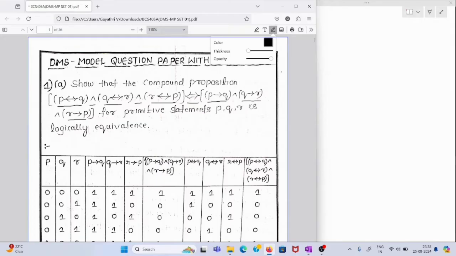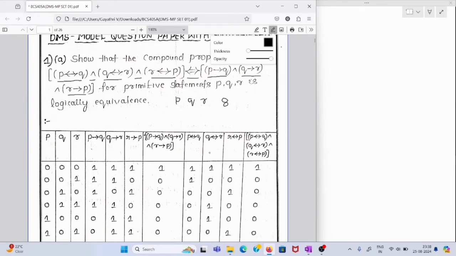If there are three primitive statements P, Q and R, then we have to consider 8 combinations of truth values. This entire compound proposition will be split into small propositions, so that the table can be constructed appropriately.